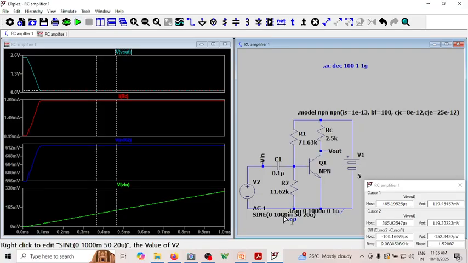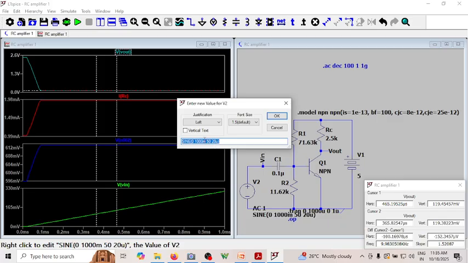Okay, that is because from 50 hertz I made it too small.